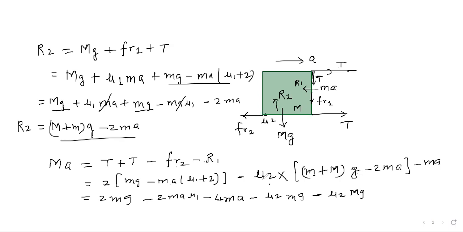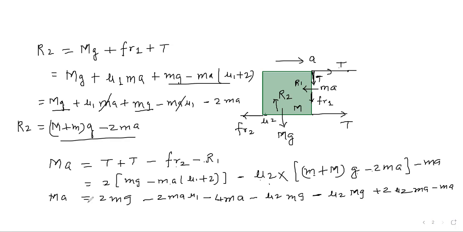And when this mu2 is multiplied to this number, this will become positive twice of mu2 times small ma, minus MA is equal to capital Ma. Now we can further simplify.